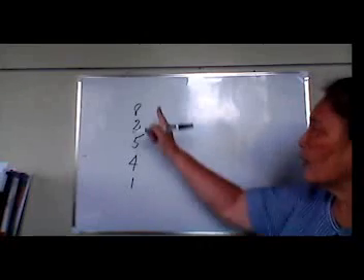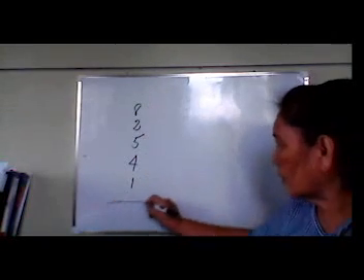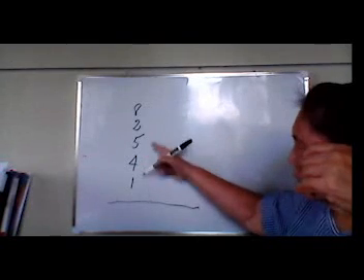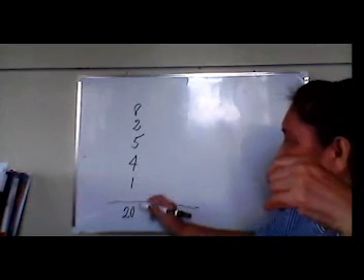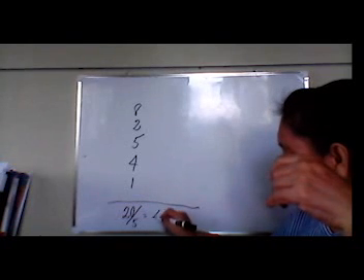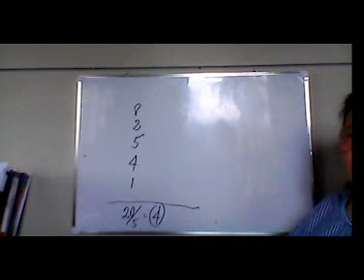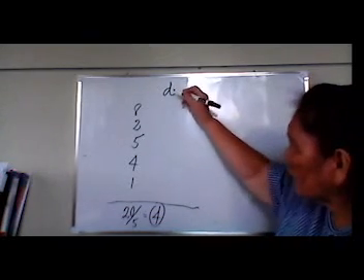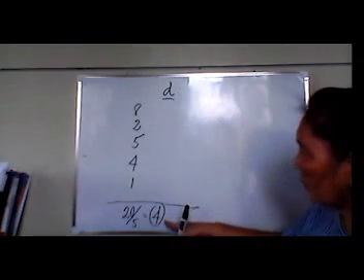Okay, what is the standard deviation of this? Let's add up and get the mean. 10, 20. What's the mean? Divided by 5, the mean is 4. Are you following?